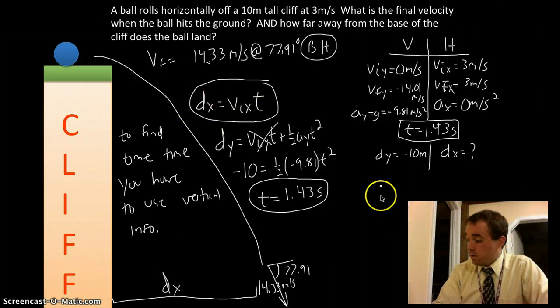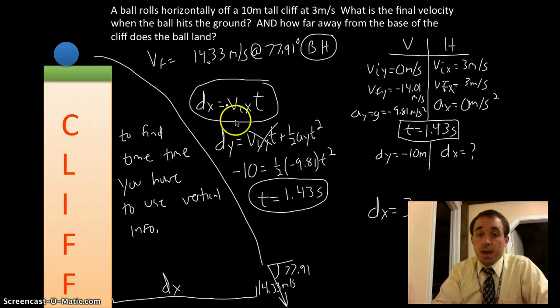We know that our horizontal distance is 3 meters per second, which is our VIX from right here, times our time, 1.43 seconds. Seconds cancel. So that's perfect.